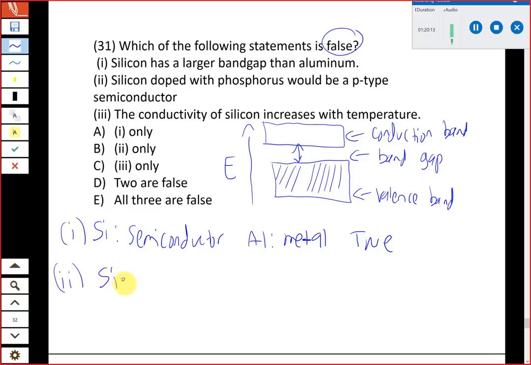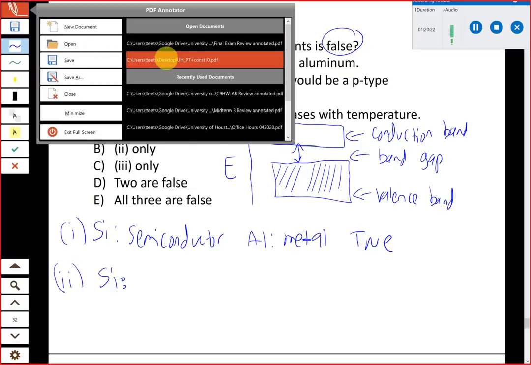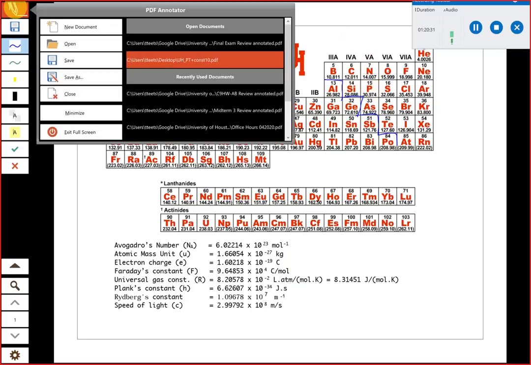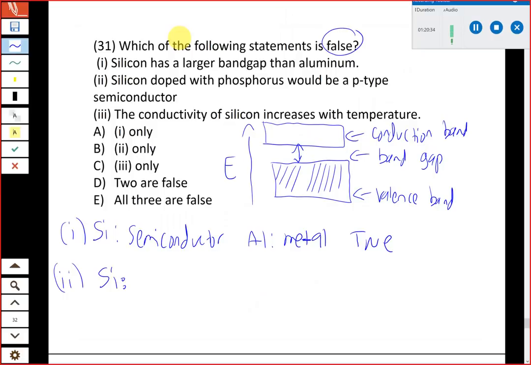To figure out if it's p-type or n-type, you look at the number of valence electrons, both for the main element, silicon, and for what we're doping it with, which is phosphorus. In the periodic table, silicon has 4 valence electrons because it's in group 4. And phosphorus has 5 valence electrons because it's in group 5. So in this situation, if the dopant has more valence electrons than the main material, we call that p-type.